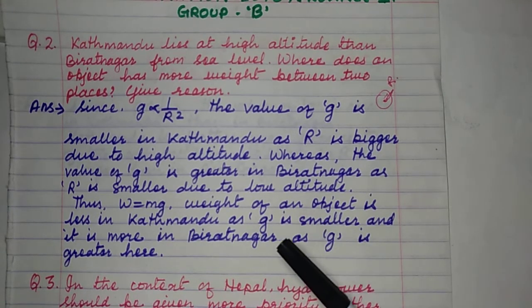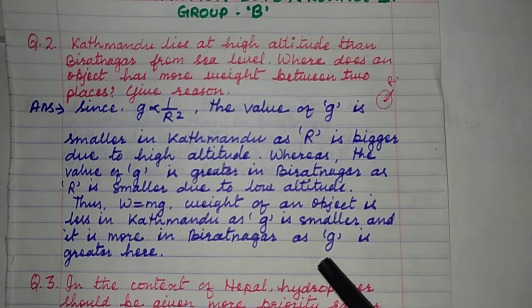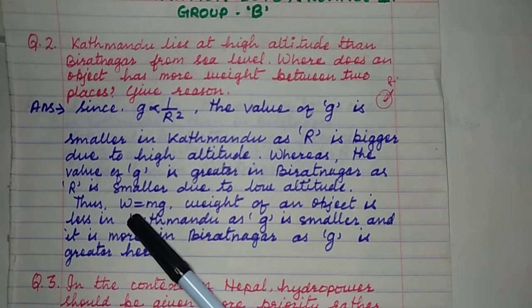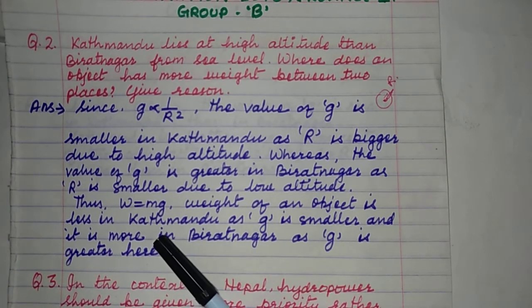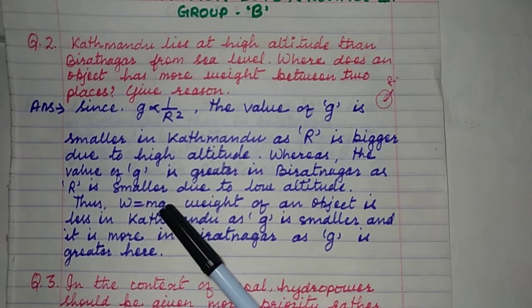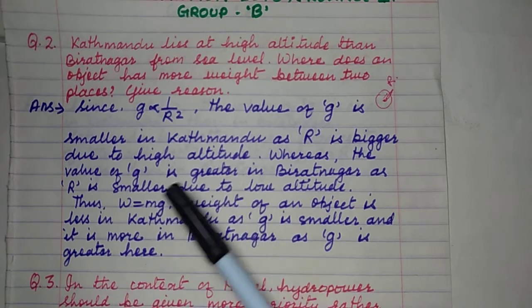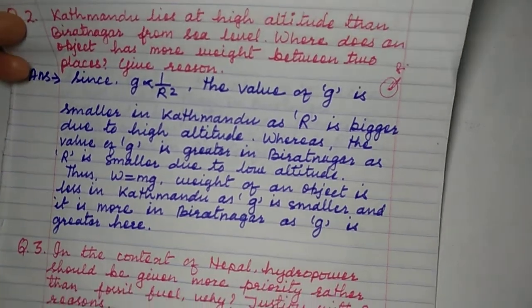In Biratnagar, the value of g is more, so the weight is more, because in this formula m is the mass of the object. Mass remains the same, and the only factor which makes a difference here is g. If the value of g is more, weight is more. If the value of g is less, weight is less. So this is your answer.